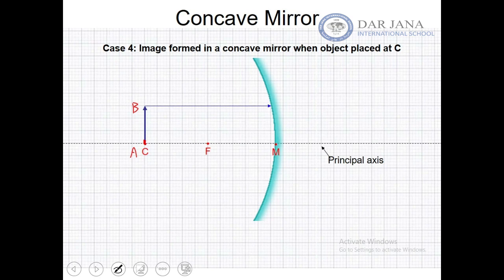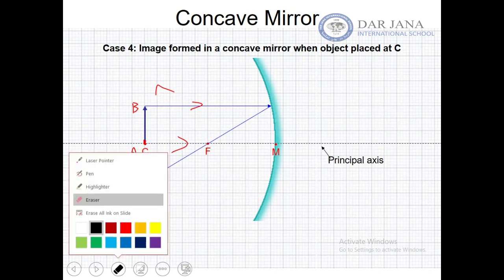The first one is parallel to the principal axis. As we said, any light ray parallel to the principal axis will converge. Converge means it's going to meet another reflected ray. If the incident ray comes parallel to the principal axis, its reflection will converge and meet the first reflected ray at point F.